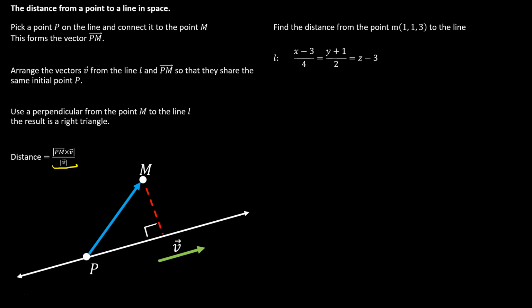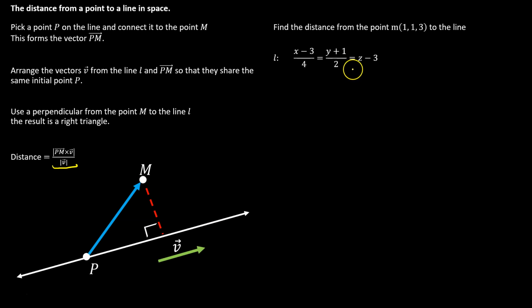So in this problem on the right side of the screen, we're asked to find the distance from the point M at 1, 1, 3 to the line L given by the symmetric equations that we see.